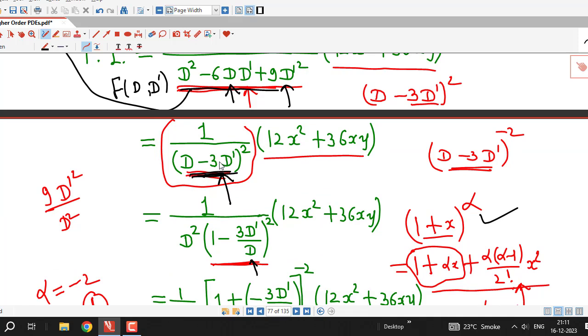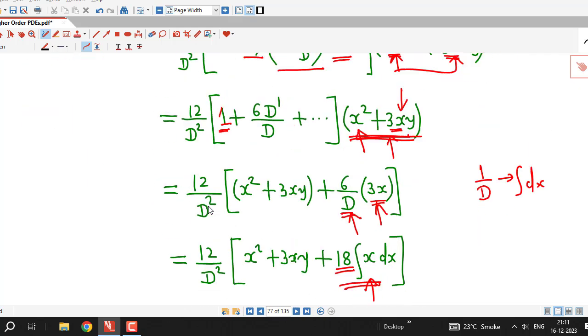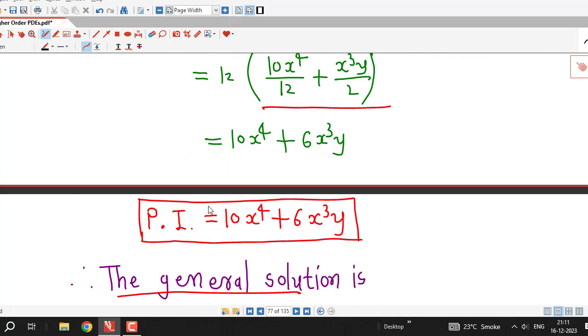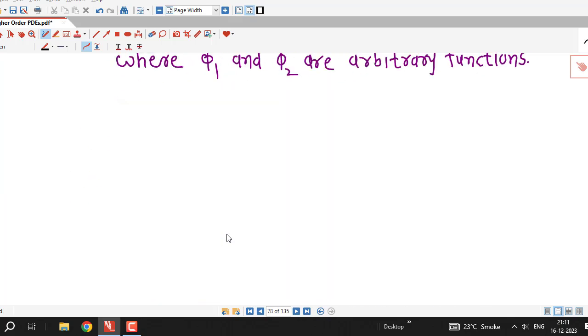If you wish, you can take 3D dash common and write this as D over 3D dash minus 1, and try to apply the binomial theorem. So in that case also there are chances that you will get a different particular solution. So both the particular solutions are considered as correct.